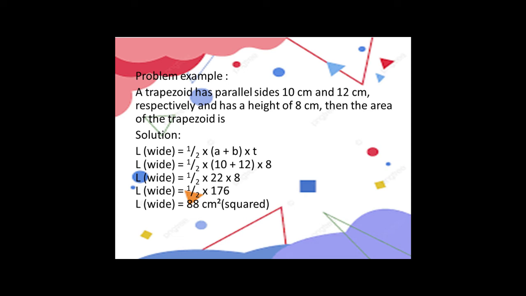Solution: area equals 1/2 multiplied by (A plus B) multiplied by T. Area equals 1/2 multiplied by (10 plus 12) multiplied by 8. Area equals 1/2 multiplied by 22 multiplied by 8. Area equals 1/2 multiplied by 176. Area equals 88 cm squared.